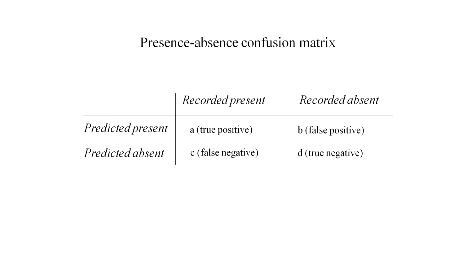And as I say, we're only going to look at a couple of the main ones, but in effect, most of the statistical approaches are in some way based on those 4 possibilities. And we put them in what's often referred to as a presence-absence confusion matrix, where we're saying this is what's recorded present, this is what's recorded absent, and then predicted present, predicted absent.